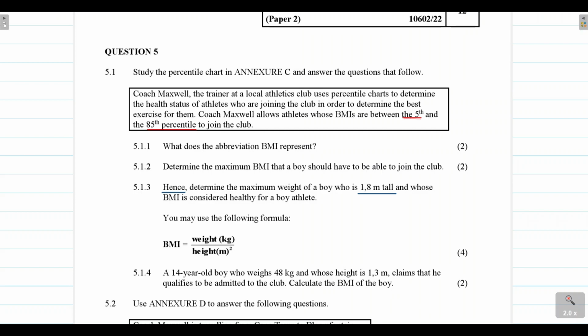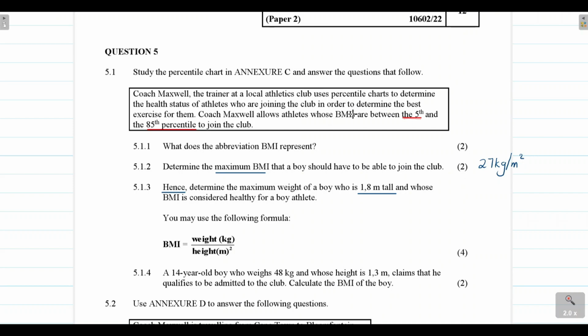In this case, we already found out what the maximum BMI was, and we found that to be 27 kilograms per meter squared. So we're going to use this BMI.